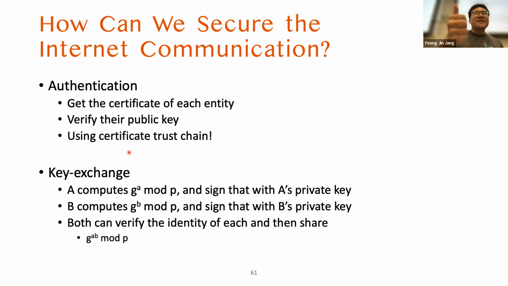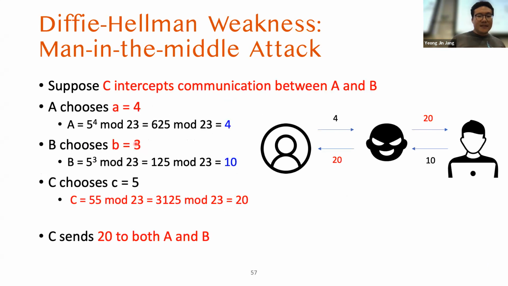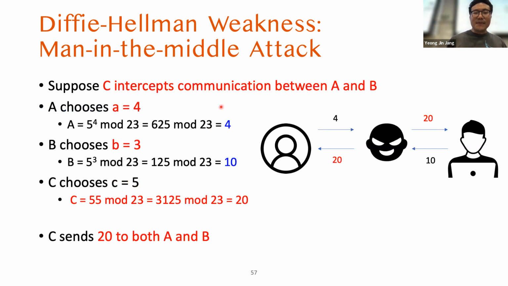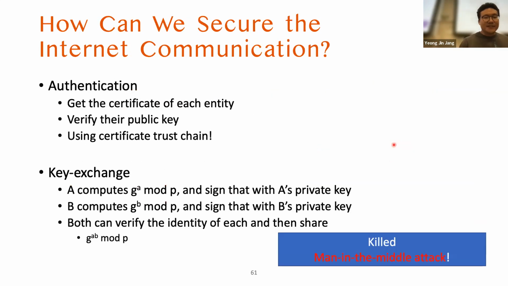The certificate will verify the identity of the public key with the chain of trust. And after verifying the signature, we can assure that the capital A and capital B, if these are signed by user A and user B, are indeed from those users, not from the middleman attacker C, because C does not have the private key of A and private key of B, so they cannot generate it. So that's the first step.